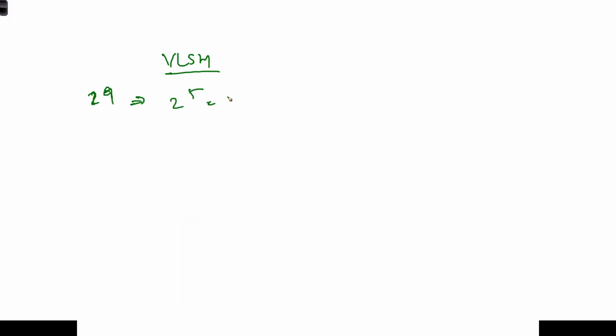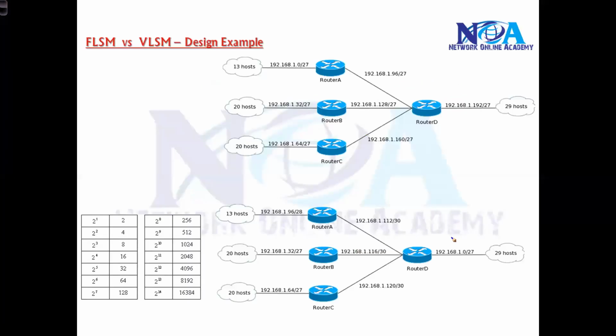The possible size is 2 to the power of 5, 32, so the slash value will be slash 27. We allocate the addresses from 0 to 31 to this department.